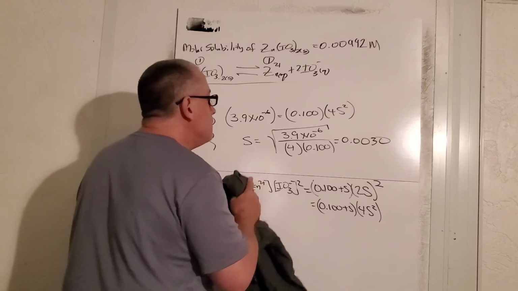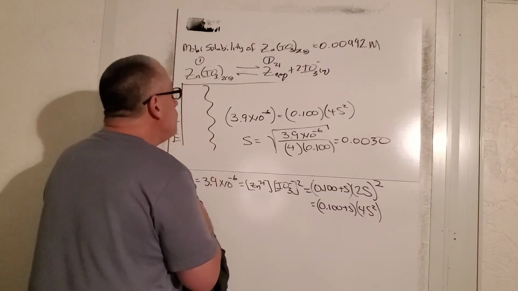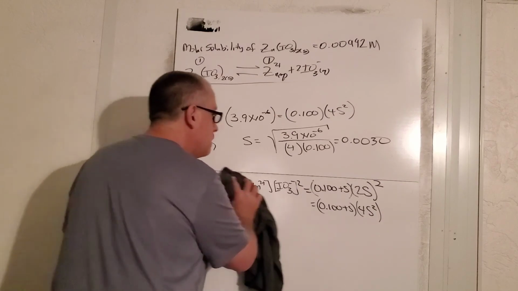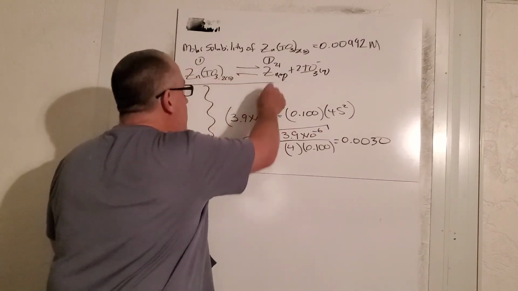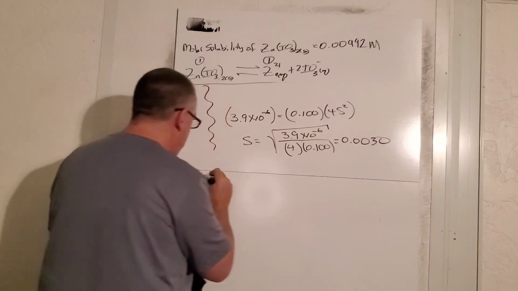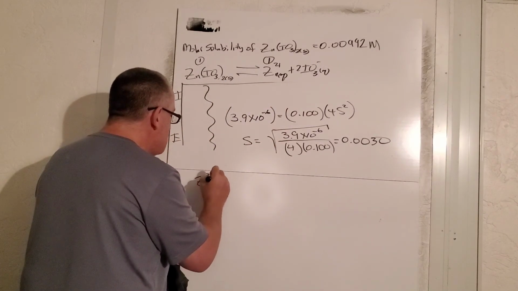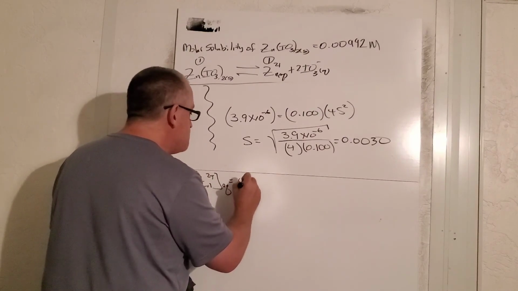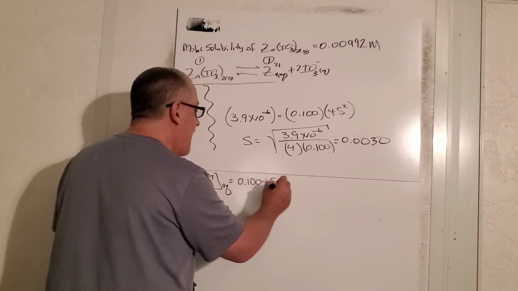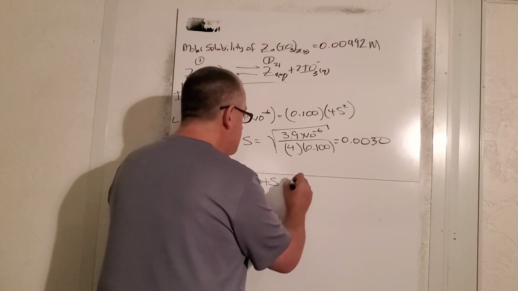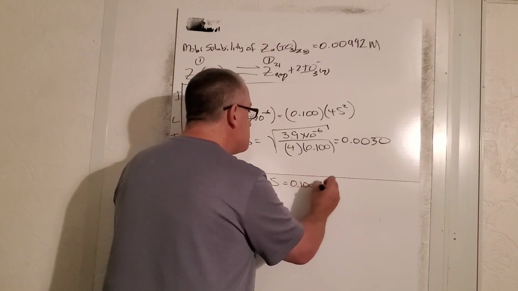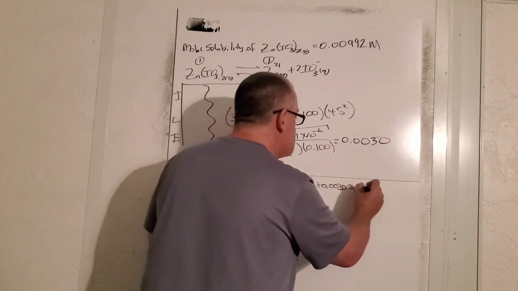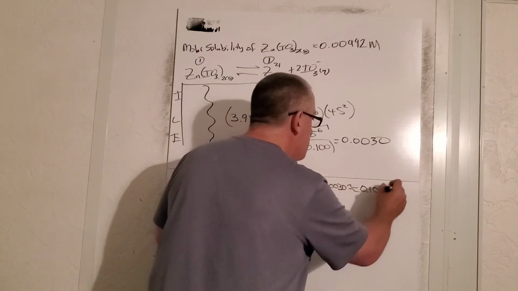What does that mean? Well, if you back up a little bit, the concentration of zinc 2 plus at equilibrium was equal to 0.1 plus S, and it's going to be 0.1 plus 0.003, which is going to be really close to 0.1 molar.